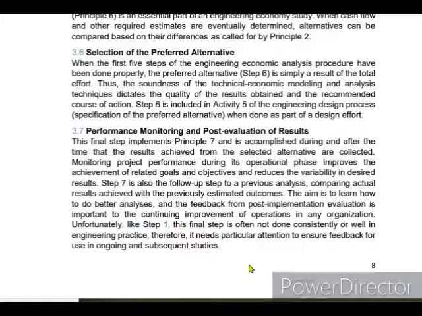Therefore, it needs particular attention to ensure feedback for use in ongoing and subsequent studies. Feedback is very important also, because through feedback, we can acknowledge the effects and impacts of the alternatives or the outcome that we have chosen to the stakeholders.